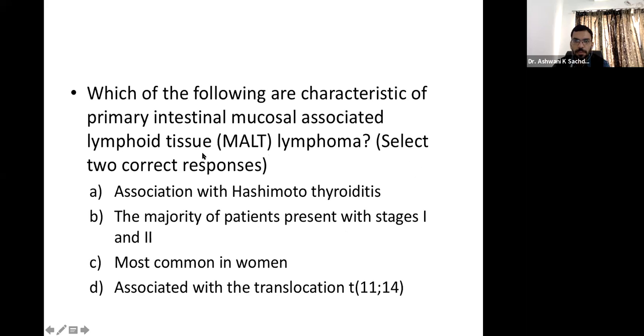We are asking what are the characteristics, which are associated with this and which are not associated.